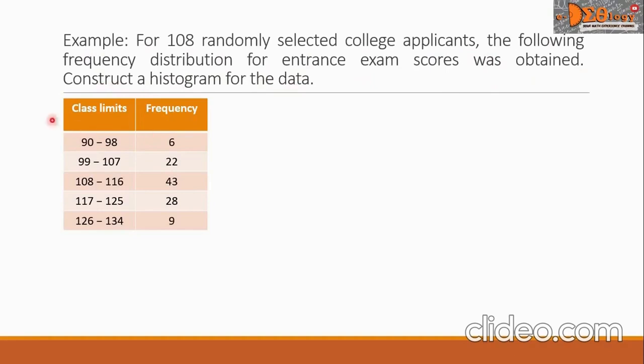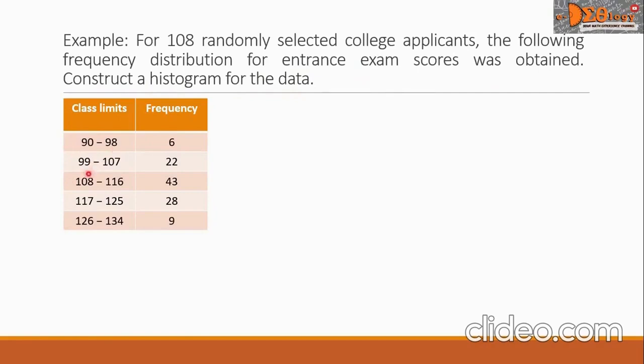We have a table here with 2 columns. The first column is for class limits or class intervals. We have 1, 2, 3, 4, 5 groups. The first class interval is from 90 to 98.